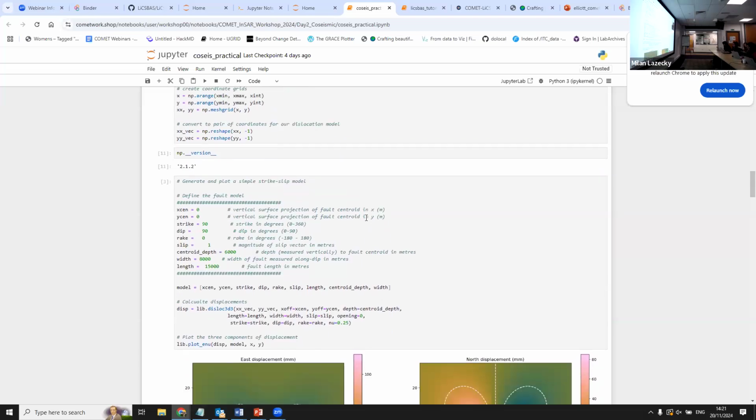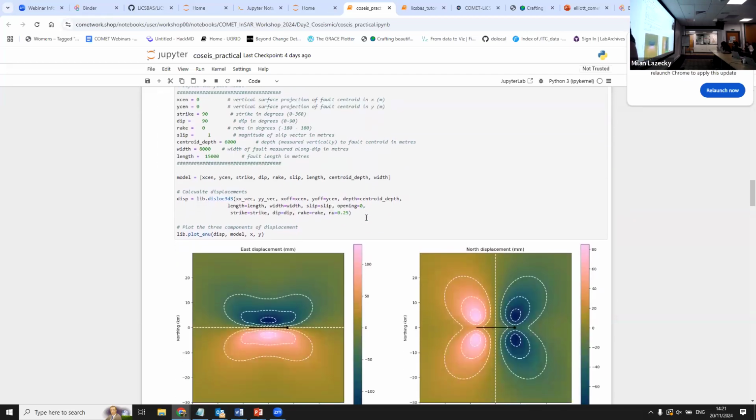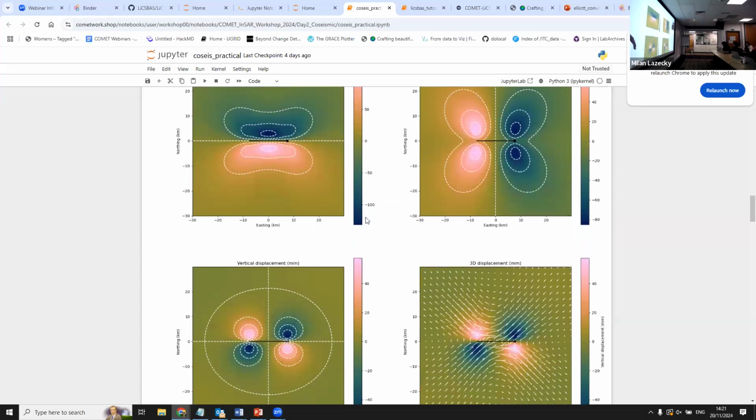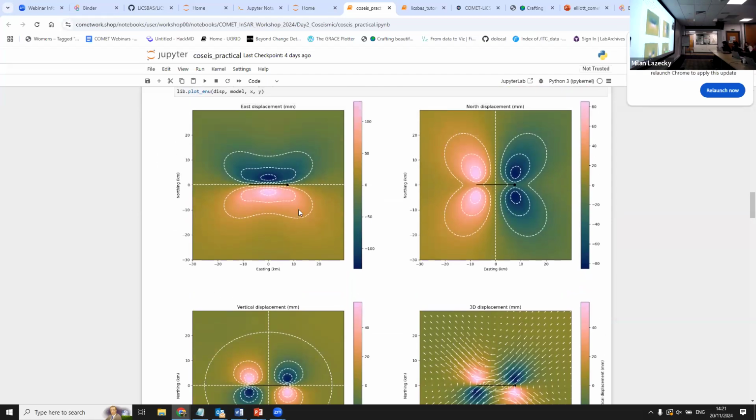So first of all, we'll be using the Okada model to model a left lateral strike slip fault. So what I want you to try and understand is, so we've been looking at this on John's screen for a while, but I want you to try and understand why you're getting the displacement that you're seeing in each of your directions. So on here we have east-west.